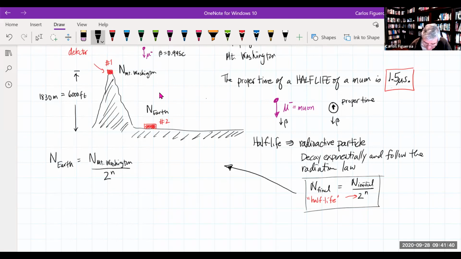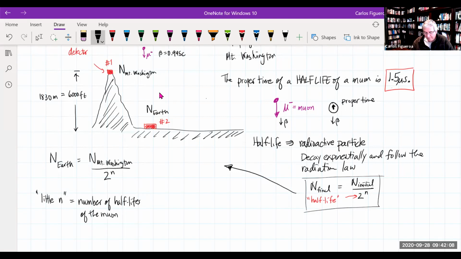But one of the things that we want to talk about is this little n value here. This little n is actually equal to the number of half-lives of the muon.